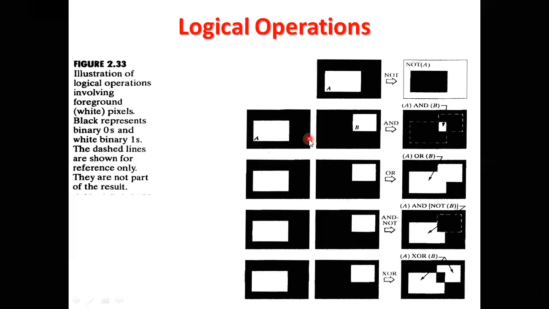Now, an illustration of these logical operations. This will be the total set, and this white region is A. If you apply the NOT operation on A, we take everything except this A. Suppose this white color represents 1 and this black color represents 0.